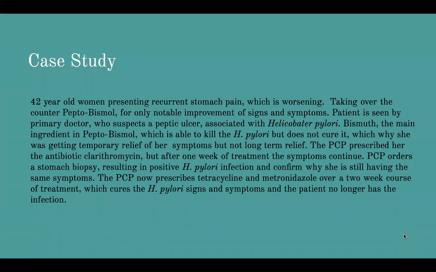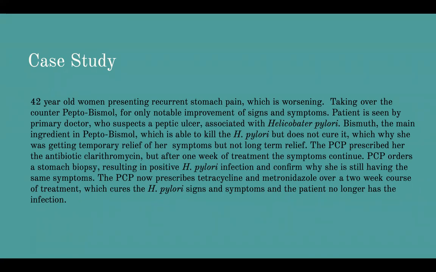And we have a case study of a 42-year-old woman presenting with recurrent stomach pain, which is worsening. She has been taking Pepto-Bismol over the counter for the only notable treatment of signs and symptoms, and this is the only way she's getting any improvement of the signs and symptoms she's been having.